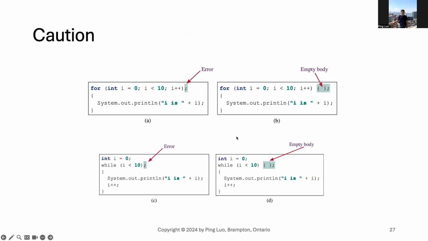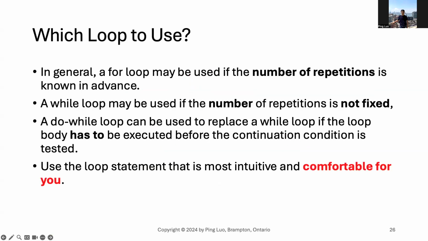So there are some typical errors. For example, we know every statement in Java needs to end with a semicolon, but for a for loop, we don't need a semicolon. Also this is not correct, because it's a for loop with two curly braces, and that's grammatically incorrect.